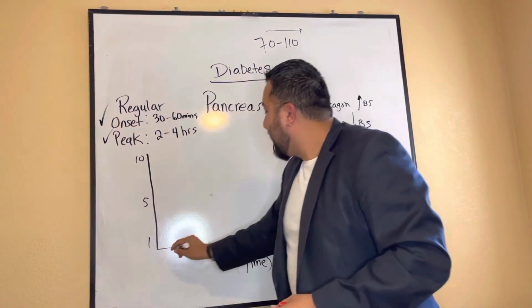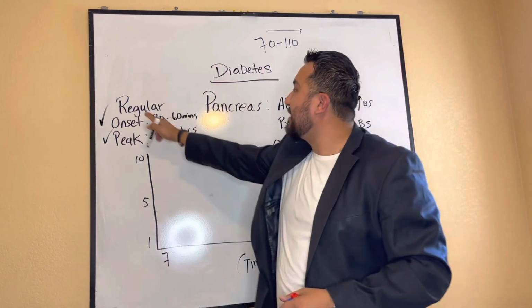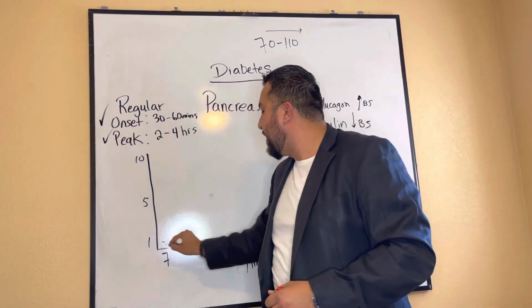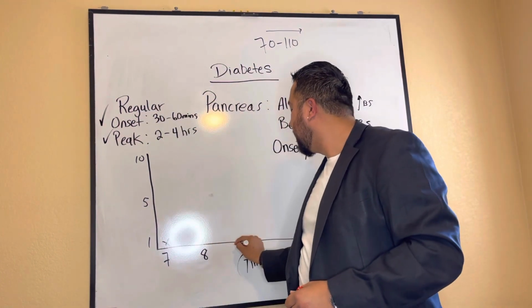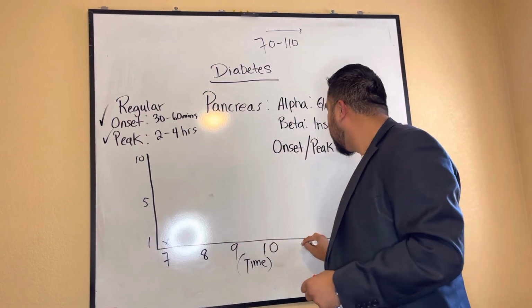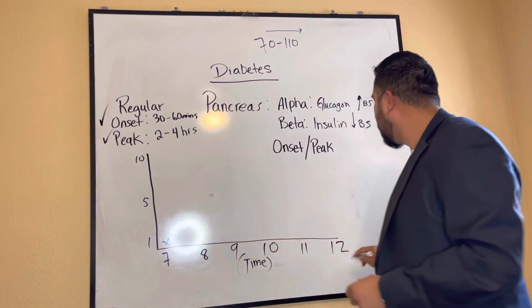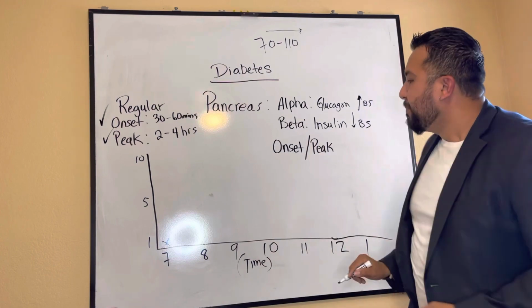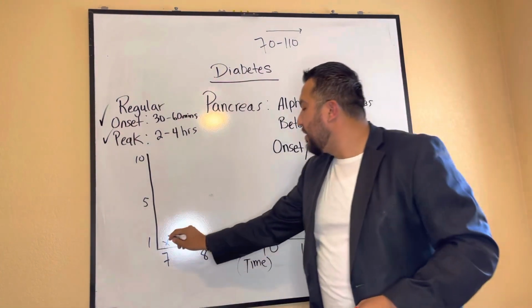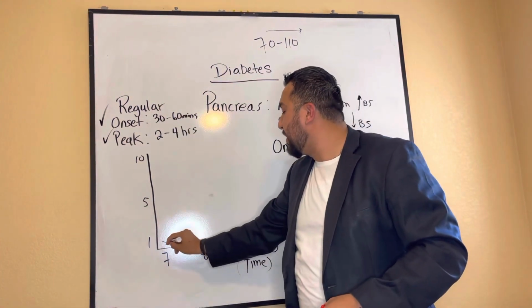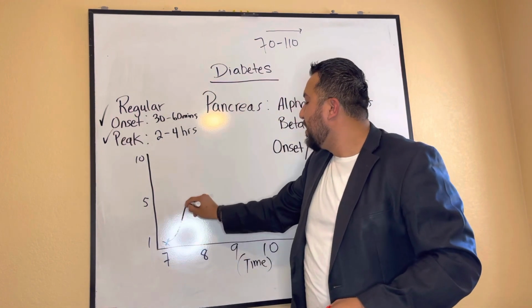So let's say that we gave the regular insulin at 7 a.m. And here's 8, here's 9, here's 10, here's 11, and here's 12, and let's say 1. Well, if you gave it at 7 o'clock, the onset is 30 to 60 minutes. So within 30 to 60 minutes, it starts to work.